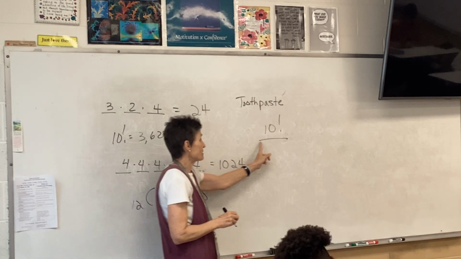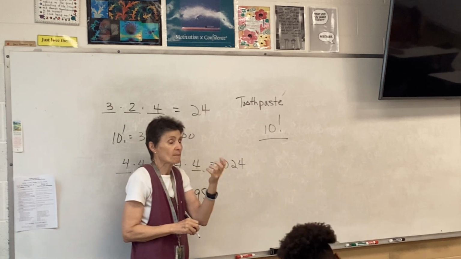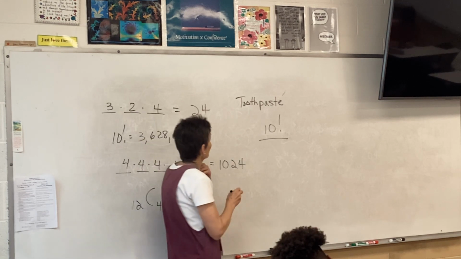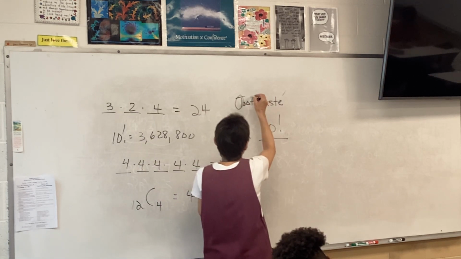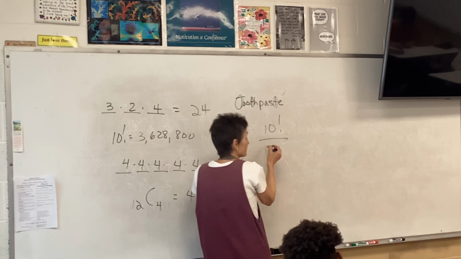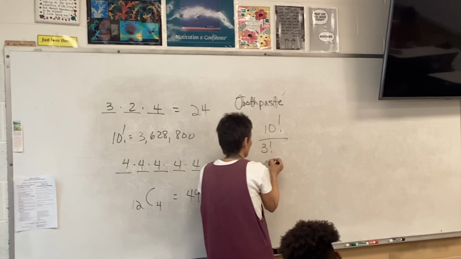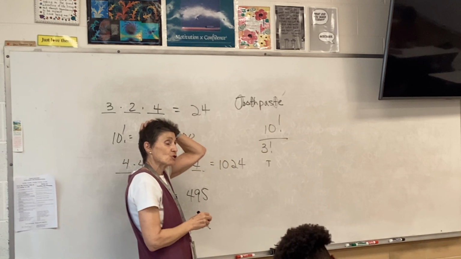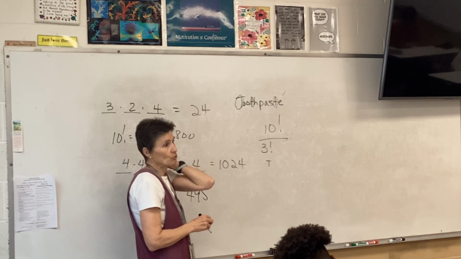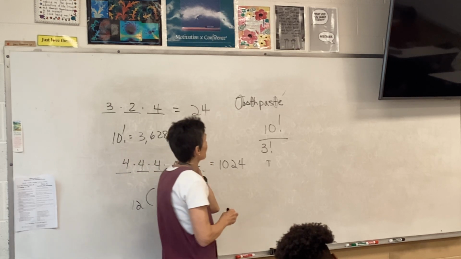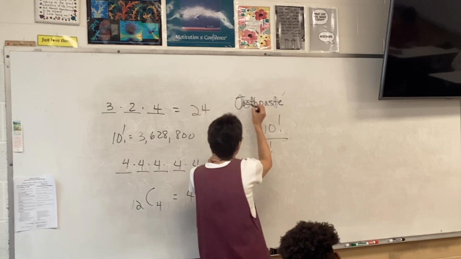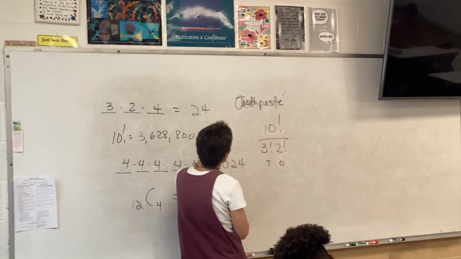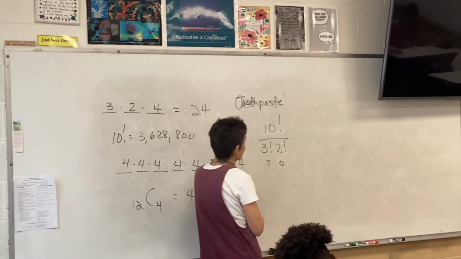Now, why am I putting this division in here? What have I noticed about my word? There are repeat letters. So let's see. It looks like I have 3 T's. So that's 3 factorial for the T's. You divide by each duplicate factorial. Looks like I got a couple of O's. Anything else? That's it.